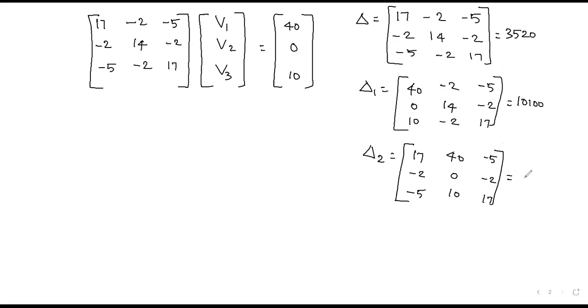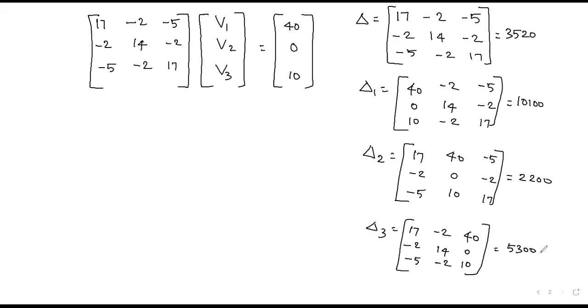The determinant value is 2,200. Similarly for del 3, it is 17, minus 2, minus 5, minus 2, 14, minus 2, 40, 0, 10. The determinant value is 5,300.